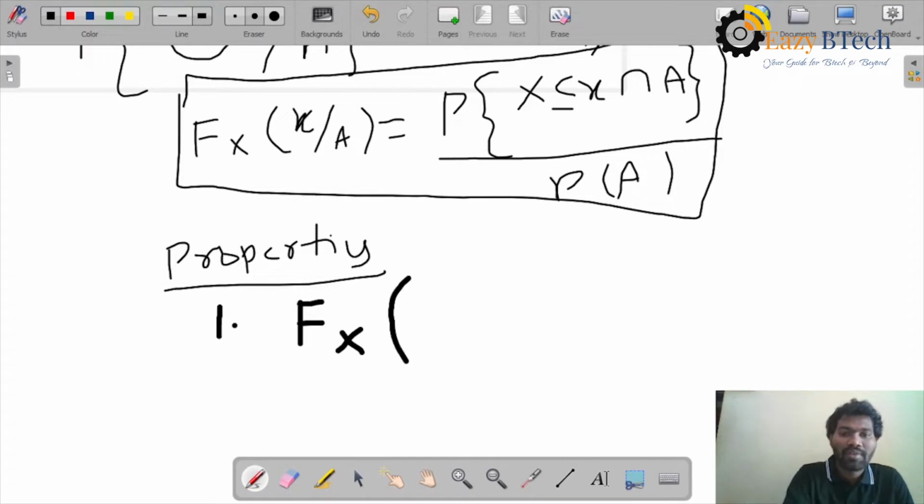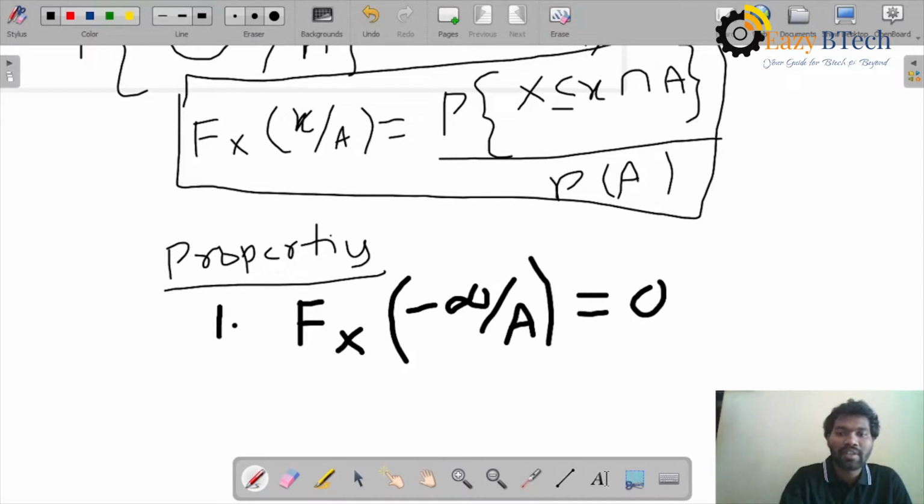So in this case, Fx of minus infinity given A, or B, is equal to 0. You can take the event as A or the event as B. So Fx of minus infinity given A is equal to 0. This is the first property.